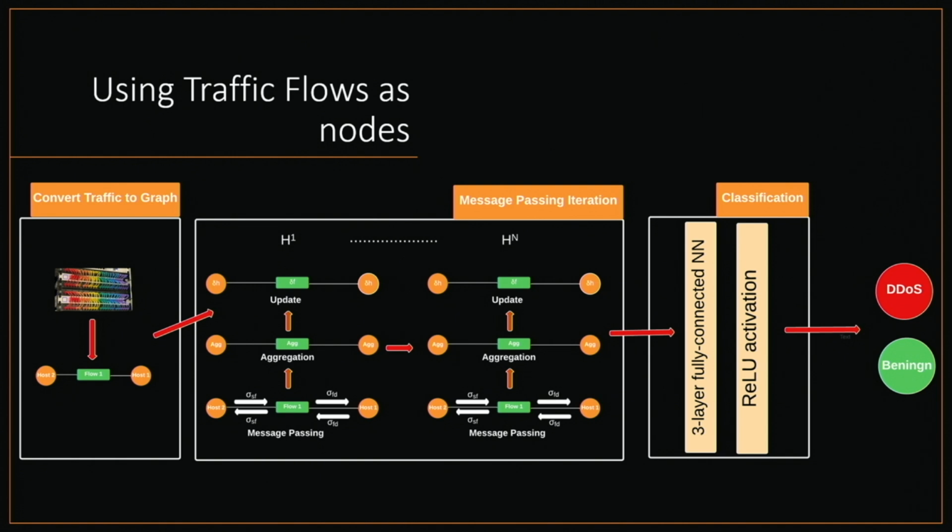When the message is passed between a flow node and a destination node, they used a different function, and when the message is passed between a flow node and the source node, they used a different function. When a message was aggregated in a flow node, again, they used a different function. And when a message was aggregated in a host node, they used a different function. So they used 4 different functions, just trying to make it as simple as possible.